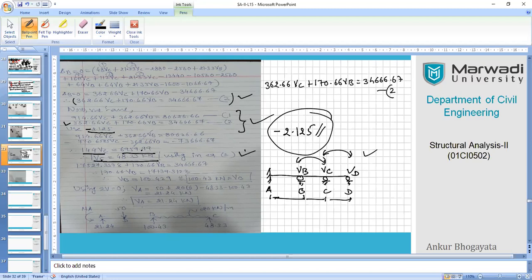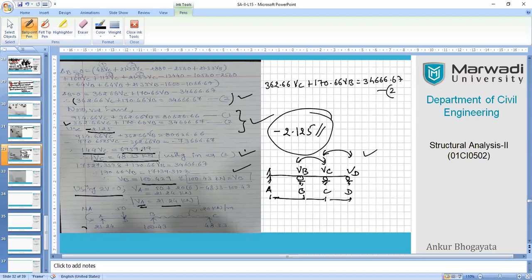So here I have obtained the VC value as 48.33 kilonewton, and then I used it in equation number 2 again to obtain the VB value. So the VB value has come up as 100.429, which is the largest value out of all the three values. Again, using sigma V equals 0, you can see here I have obtained the VA value, which is the minimum, 21.24 kilonewton.